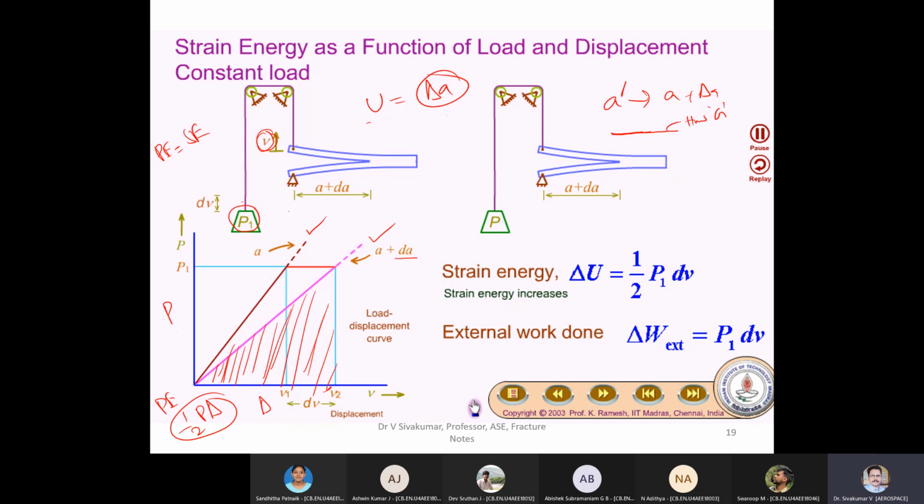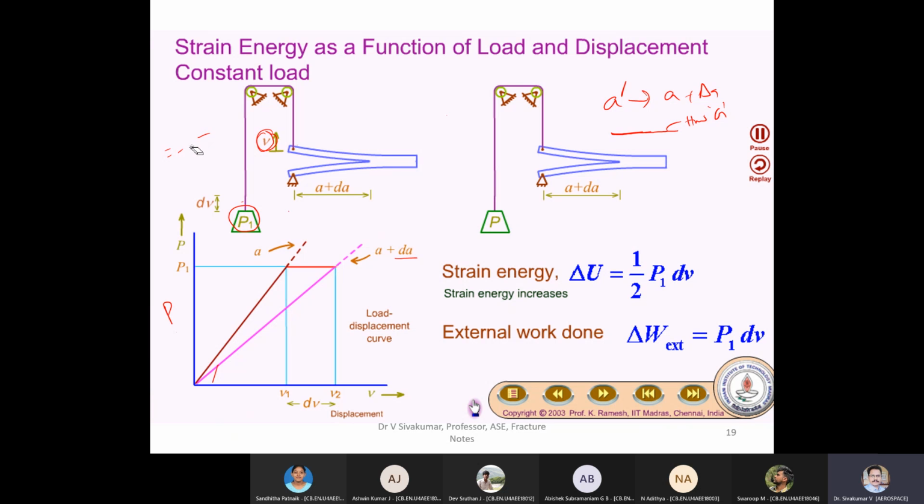So what this system finally says is we are estimating the incremental strain energy required to make the crack go from A to A plus delta A. How much delta A crack length, how much energy do I need?